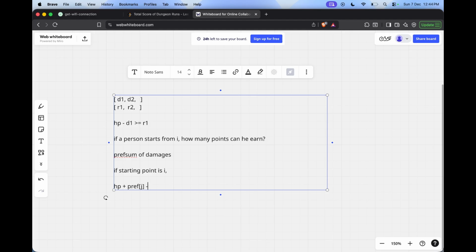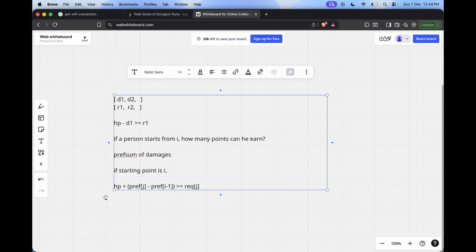Then prefix of J minus prefix of I minus 1 gives us the total damage incurred in traveling from I to J. This should be greater than or equal to R, the requirement of J.